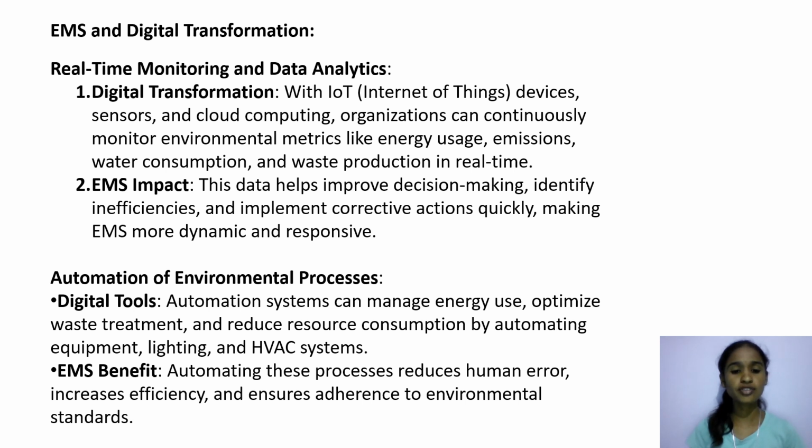Automation of environmental processes: digital tools and automation systems can manage energy use, optimize waste treatment and reduce resource consumption by automating equipment, lighting and HVAC systems. Benefits: automating these processes reduces human error, increases efficiency and ensures adherence to environmental standards.